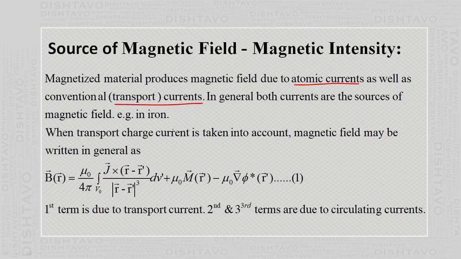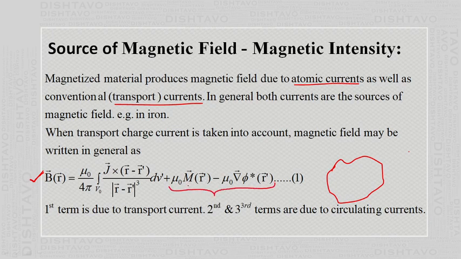So now what we do here is write the magnetic field. We will write the magnetic field produced by any material. If you consider a material like this, the magnetic field produced here will first of all depend on the quantity which you derived earlier.